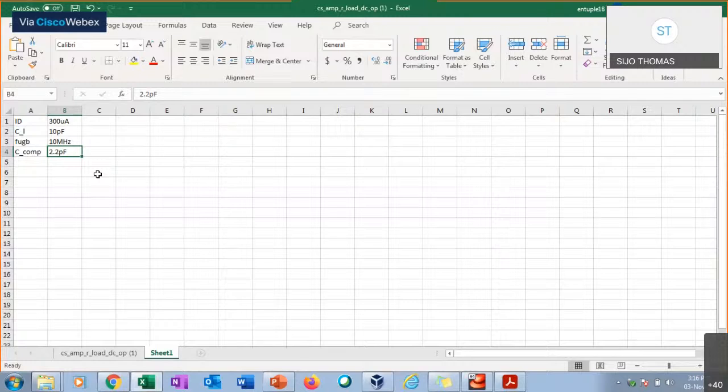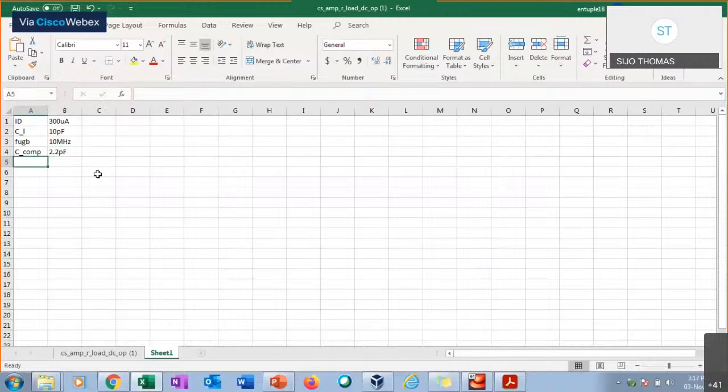If you substitute these values into the phase margin equation, you come to the relation that CC is equal to 0.22 times CL. So CL is 10 pico, so 0.22 into CL turns out to be a compensation capacitance value of 2.2 picofarad.